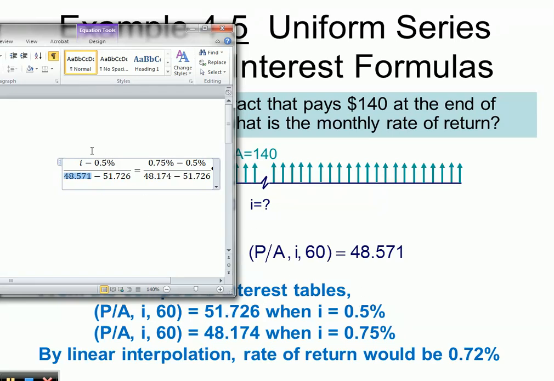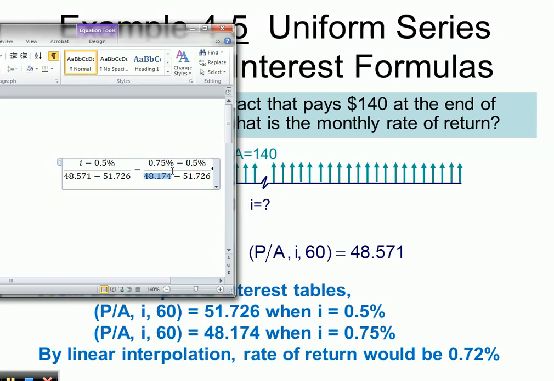So that's how we're setting it up. And then we also plug in the other one, right? So for the I, instead of I, we then plug in the 0.75, and here we have the P given A that corresponds to 0.75.